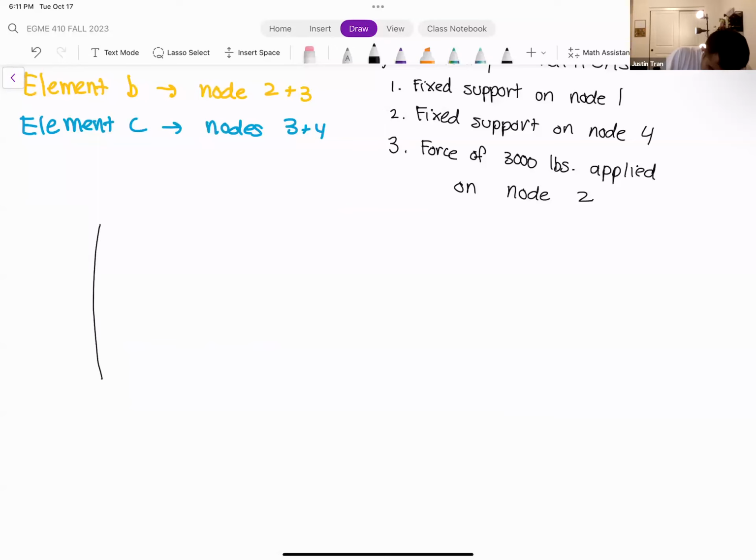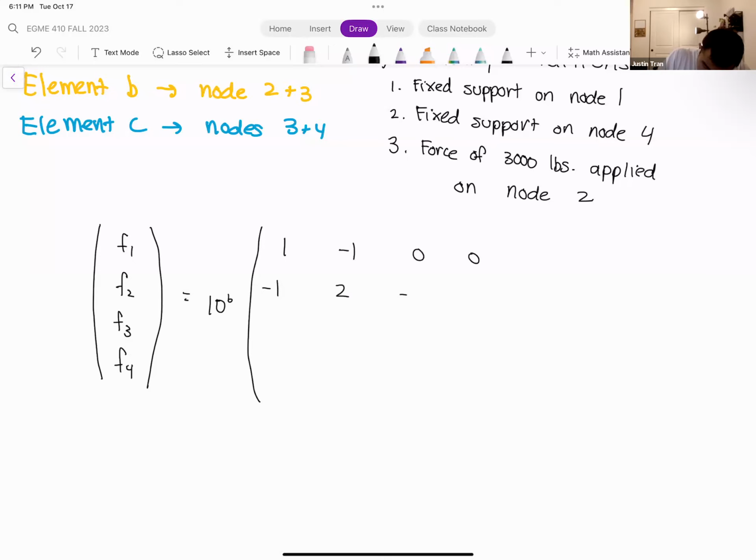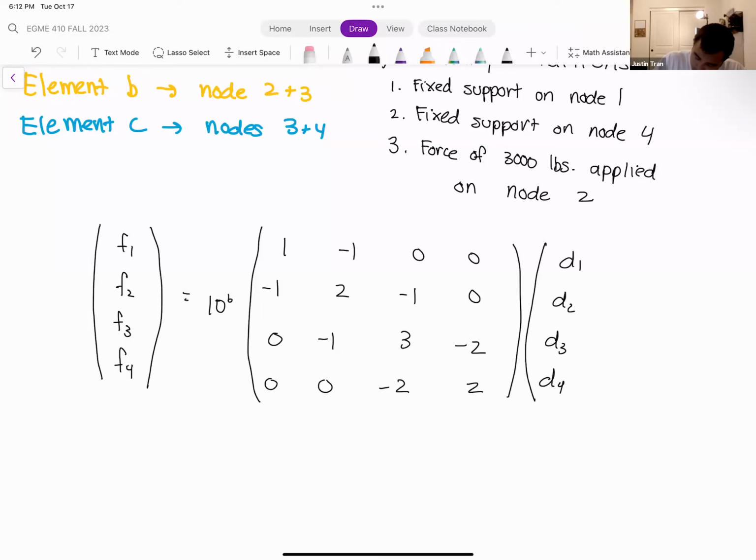Okay, so I've rewritten our matrix here just so that we have a clean slate to work with.